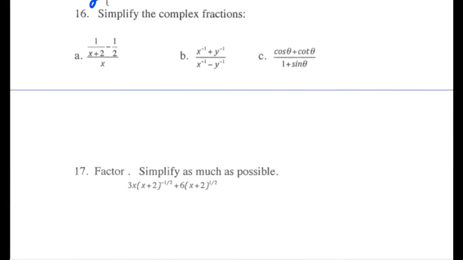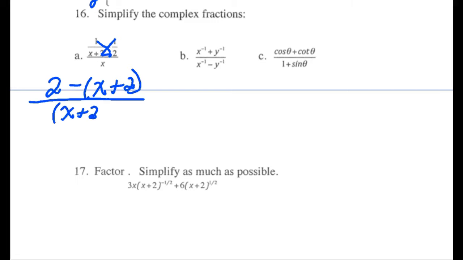Number 16, complex fractions, fractions within fractions. We go Chris, minus is the connector, cross, all over applesauce, which would be x plus 2, times 2, and then it's all over x. So remember, those collapse down as a product. And then you need to simplify this.